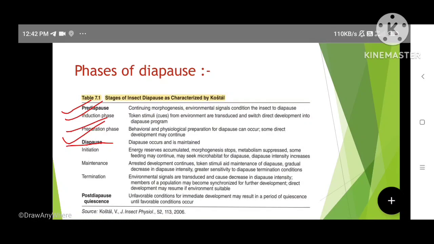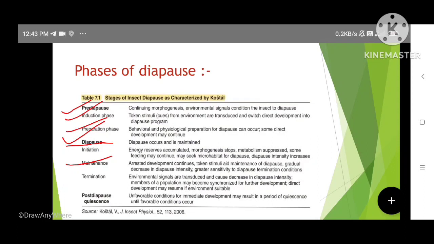Next, maintenance. Once diapause is initiated, it is usually maintained for weeks or months, even when environmental conditions may be suitable for development.